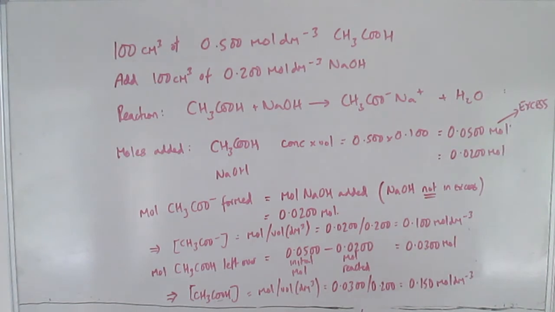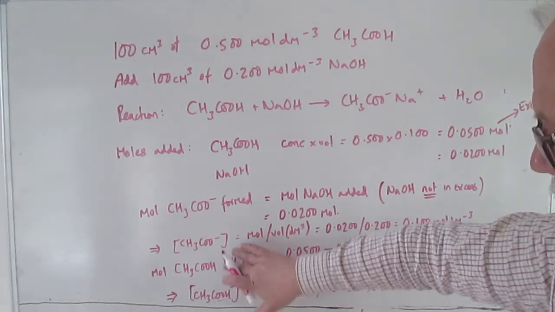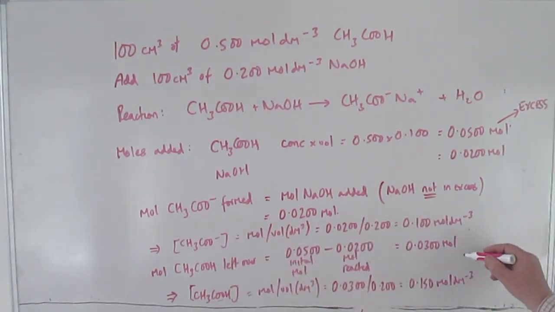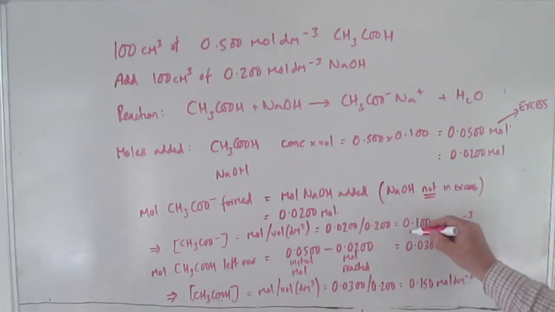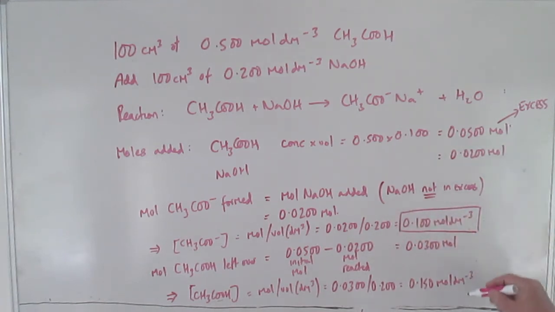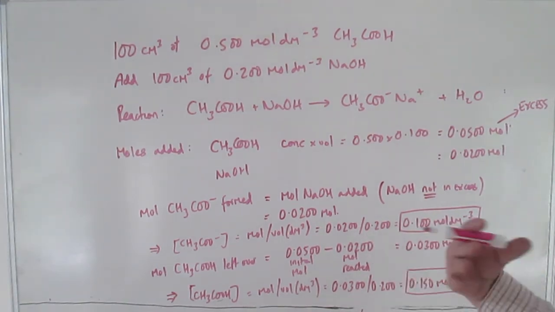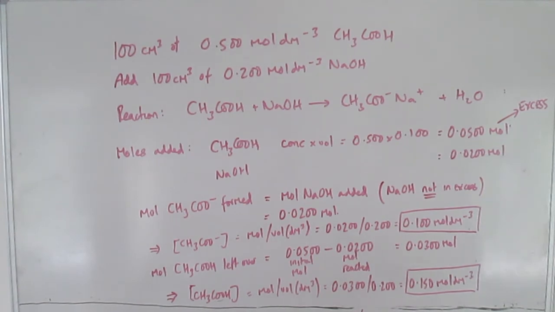So we have a mixture containing the weak acid and its conjugate base, so it's going to be a buffer, and we know the concentration of the conjugate base and the concentration of the weak acid. And so now we're in a position to use the same method we did before to calculate the pH of the buffer.